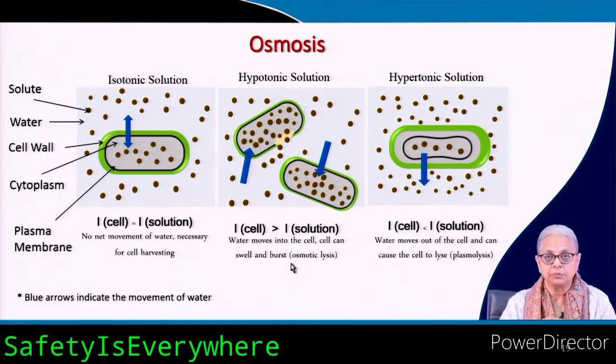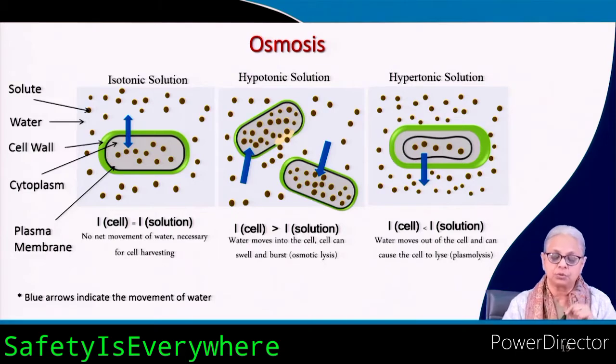And those of you who are familiar with raisins, kishmish, this is the word we use in Hindi, you know what happens. These are dehydrated grapes. So the last one is what you get when you have dehydration of the grape. But then when you put it in water, if you imagine that the grape is a cell, it absorbs water because there is very little water inside the cell, or inside the grape.